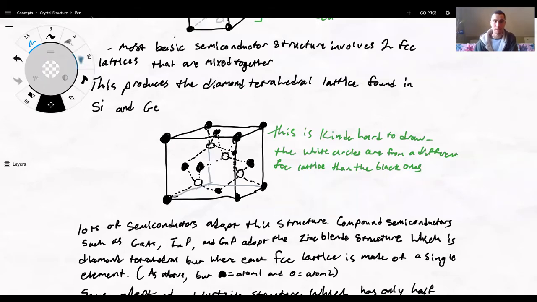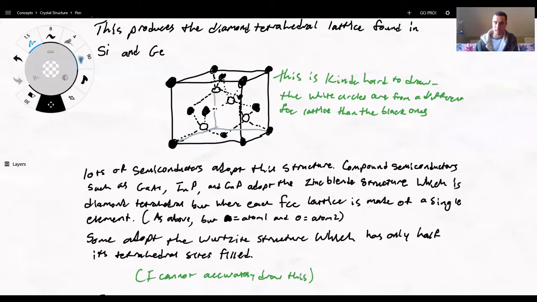That's called zinc blende because technically it's not perfectly symmetric, since you have 2 atoms of 2 different sizes. But zinc blende and diamond tetrahedral are basically the same thing. Just zinc blende has 2 different atoms inside of it, whereas diamond tetrahedral is all the same.